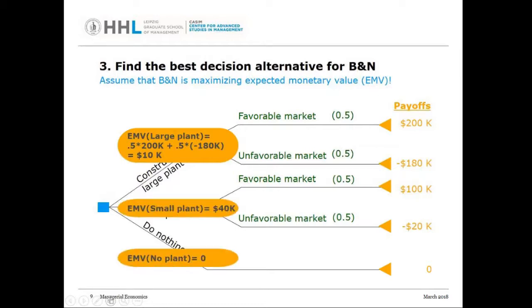In contrast, the small plant has an expected monetary value of 40K, and the last option, no plant, has 0. Keep in mind, I assume the 0 over here might be different when we have a more complex scenario, or we know more about the situation. So if the firm is maximizing expected monetary value, the best choice is the small plant.